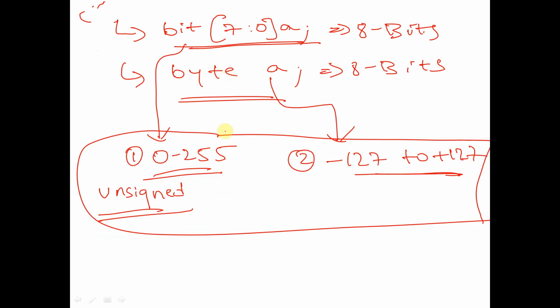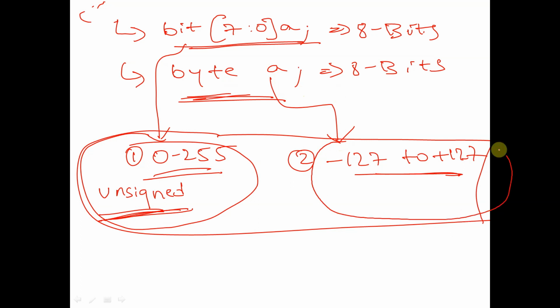So this is a point the interviewer expects the answer in this form. Like what is the difference between the bit and byte? We should tell him that in case of bit, it is an unsigned representation and the range is from 0 to 255, whereas with byte, we can represent from minus 127 to plus 127. We should be careful while coding also.